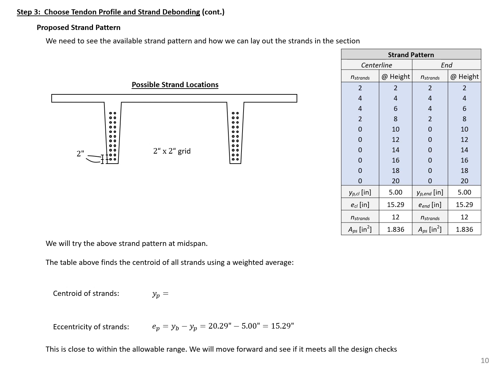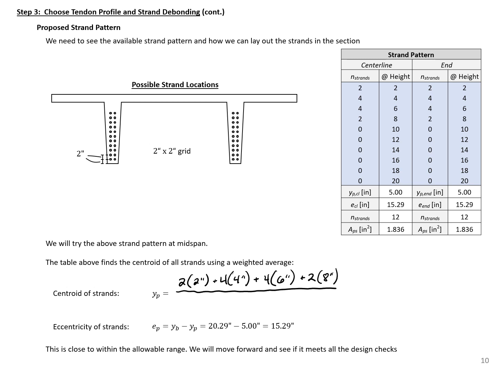So just to show you where the centroid of the strands comes from, it comes from a weighted average. We can find our YP by taking 2 strands in the bottom layer, which is 2 inches from the bottom, then 4 strands in our next layer, which is 4 inches from the bottom, then 4 strands in the next layer up, which is 6 inches from the bottom, and 2 strands in our final layer, which is 8 inches from the bottom.